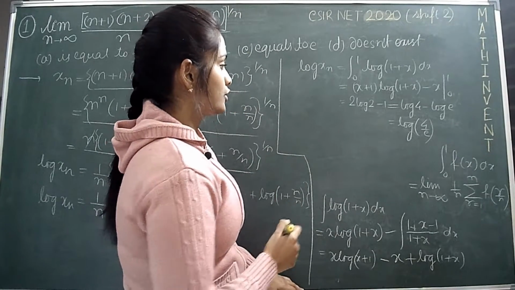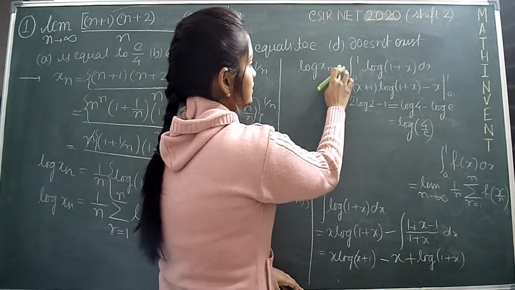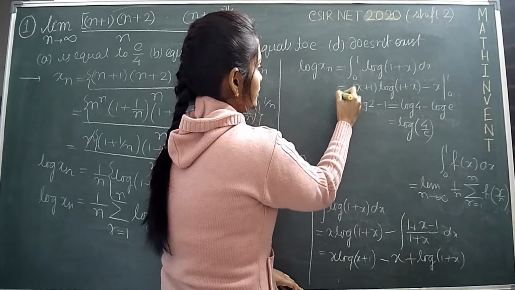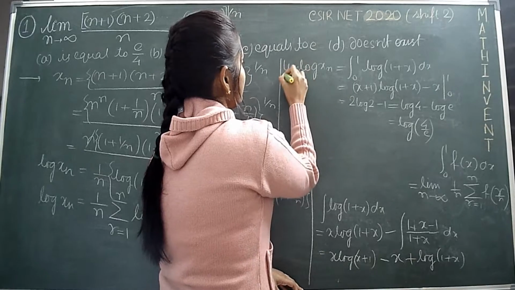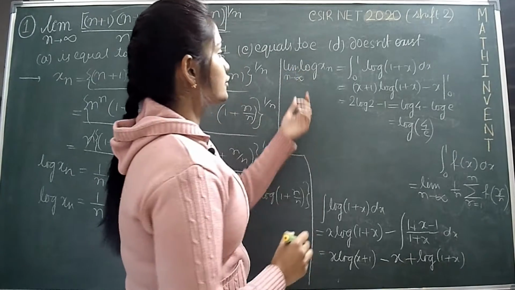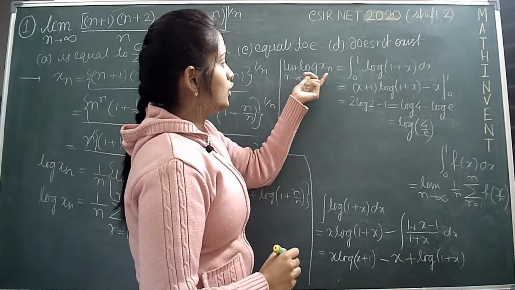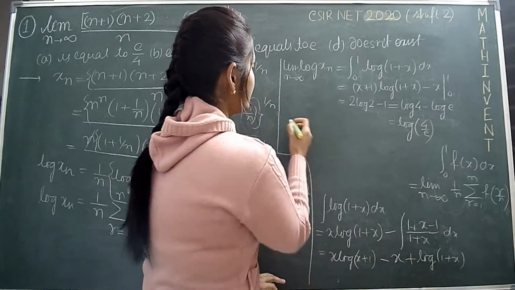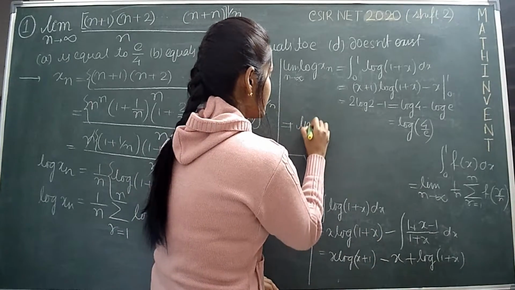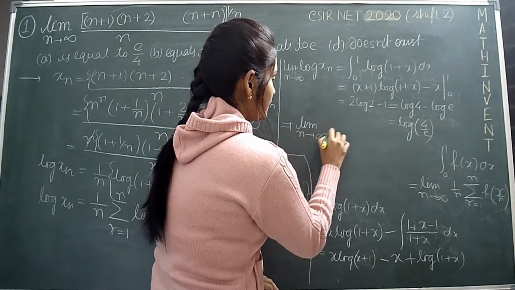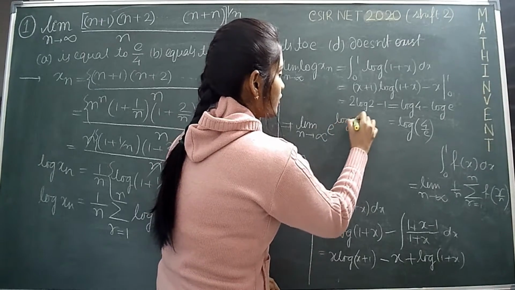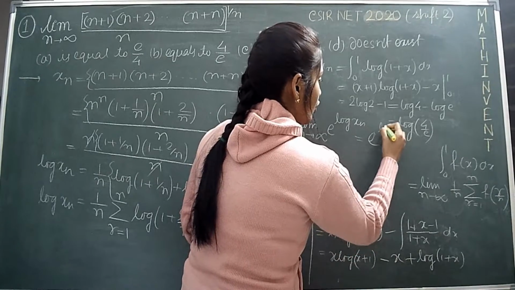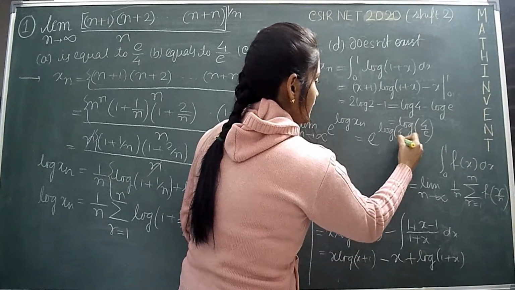Okay. So let us take the limit as n tends to infinity. If the limit of log of xn equals log of 4 by e, then we can write the limit of e power log of xn equals e power log of 4 by e.